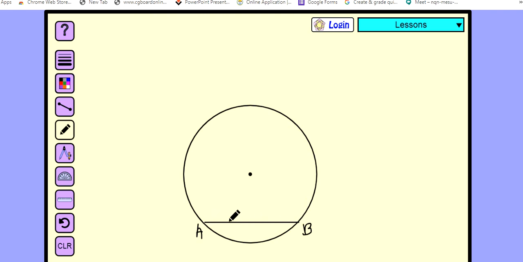As you know, this is your chord, this is your center O. This area, this portion is your minor segment. Just shade this one. Okay, only shade this area. You are supposed to shade this by using color, or you can shade by pencil. This is minor and this is major. So this is your question number 6.